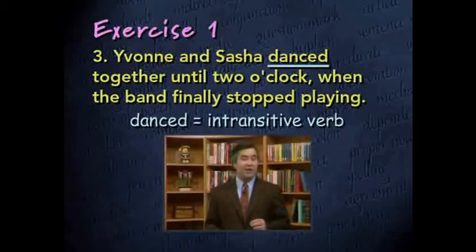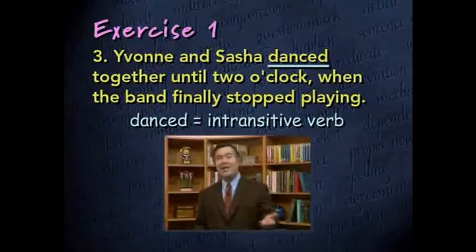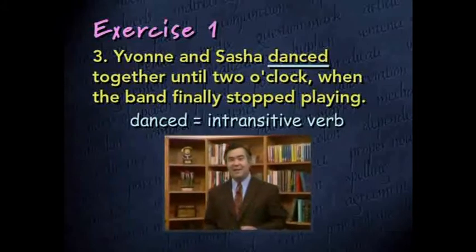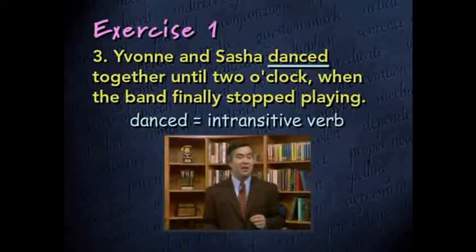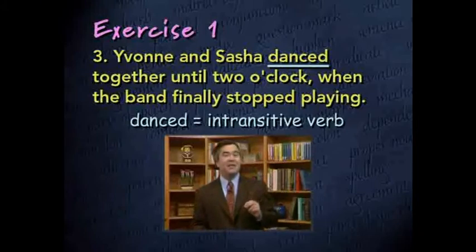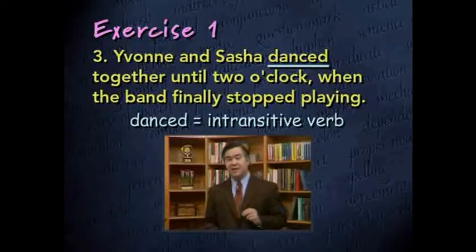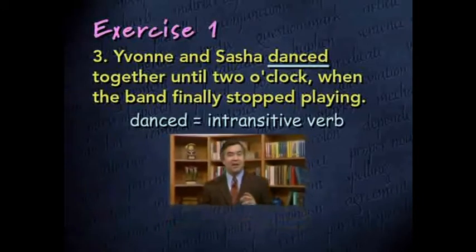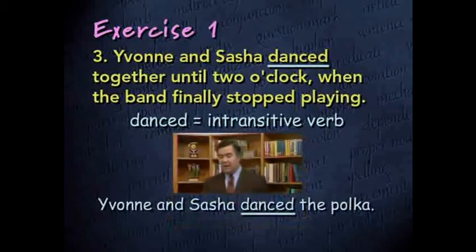Remember that an intransitive verb is a verb of action that doesn't have an object receiving the action, and that's the case in this sentence. The verb danced is being used here as an intransitive verb. Notice, by the way, that the verb danced can be used as a transitive verb. You could imagine a sentence in which there is an object receiving the action of the verb danced. For example, you could say, Ivan and Sasha danced the polka.